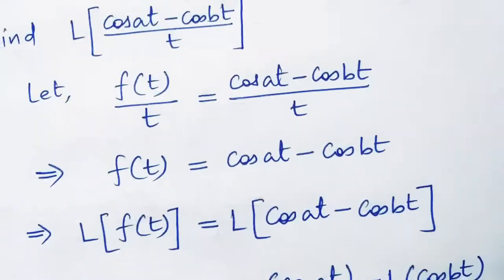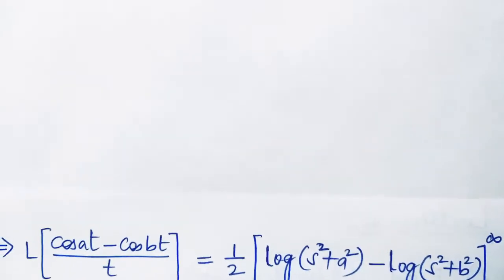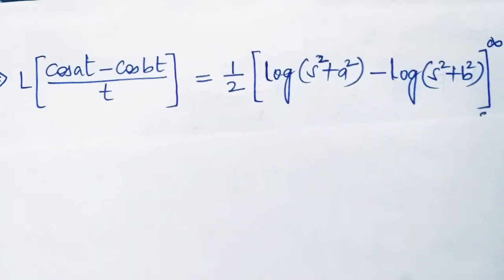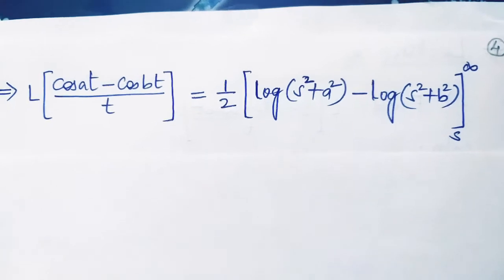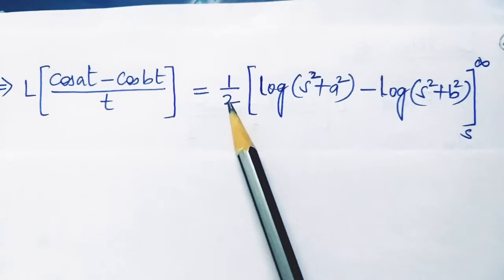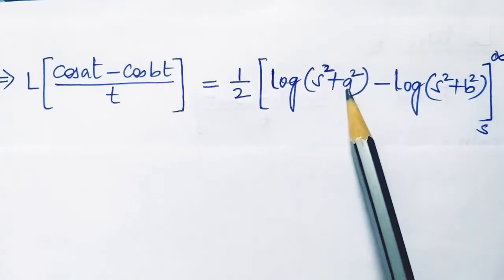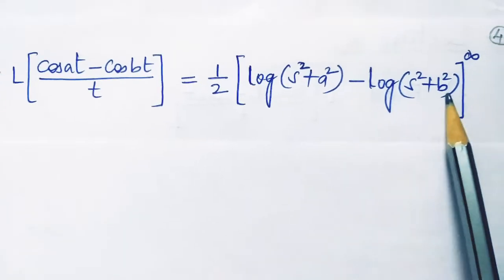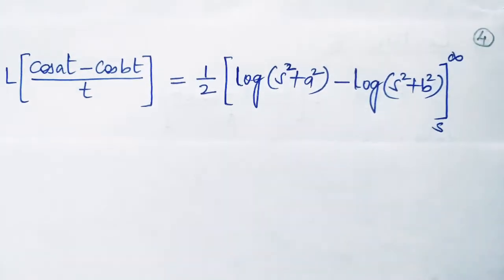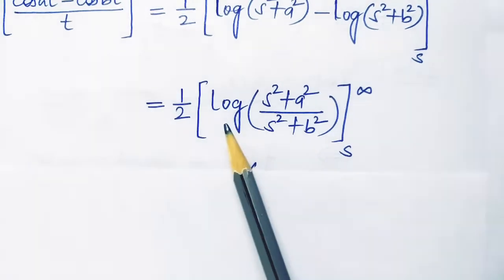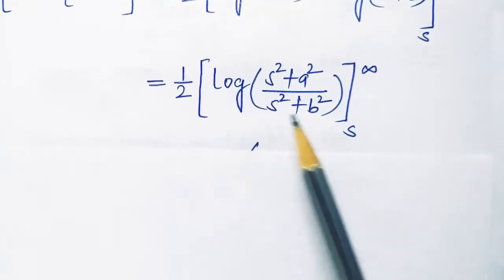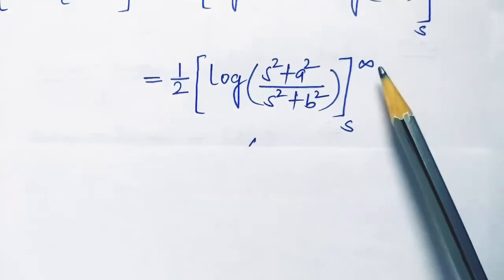Next, here that is (cos of at minus cos of bt) divided by t. Accordingly, we can write 1 by 2 log of s square plus a square minus log of s square plus b square, integrated between s to infinity. So further we may write 1 by 2 log of (s square plus a square) divided by (s square plus b square) between s to infinity.